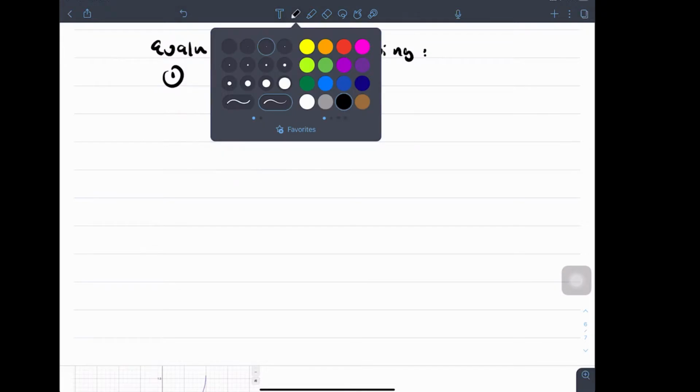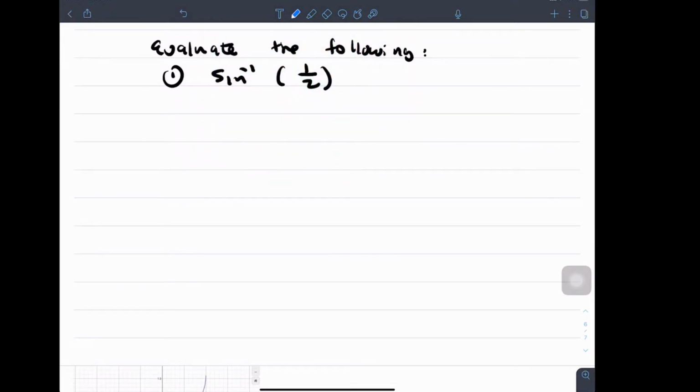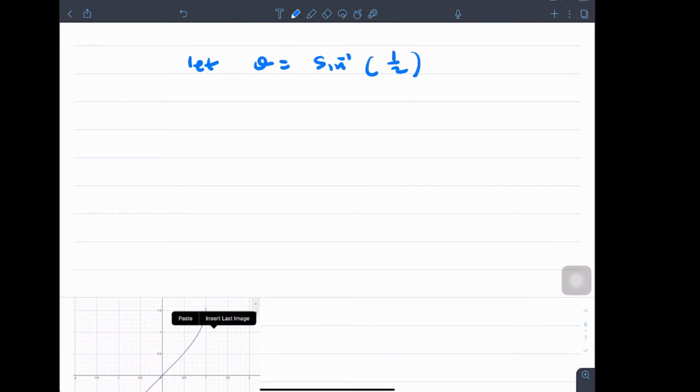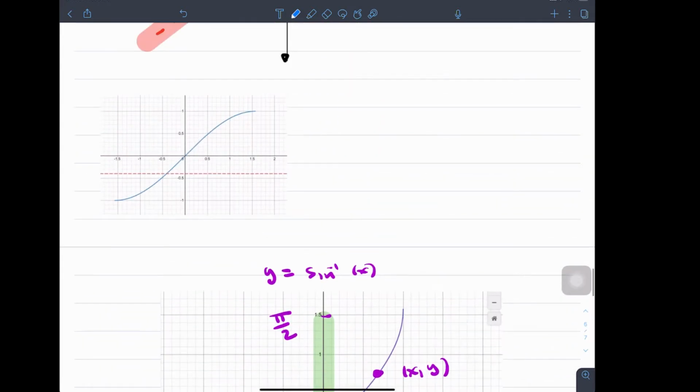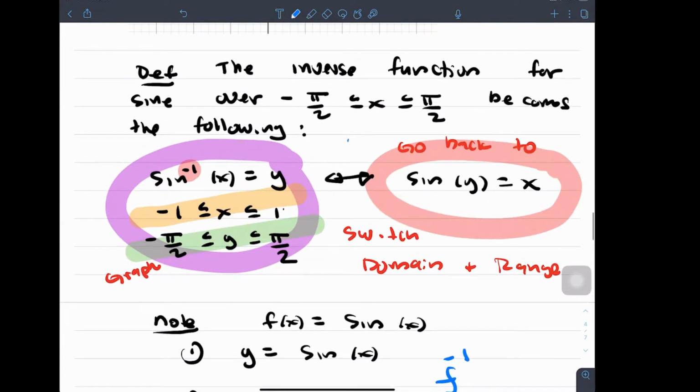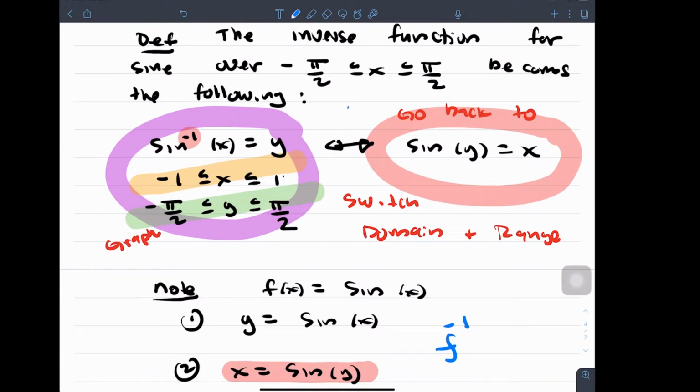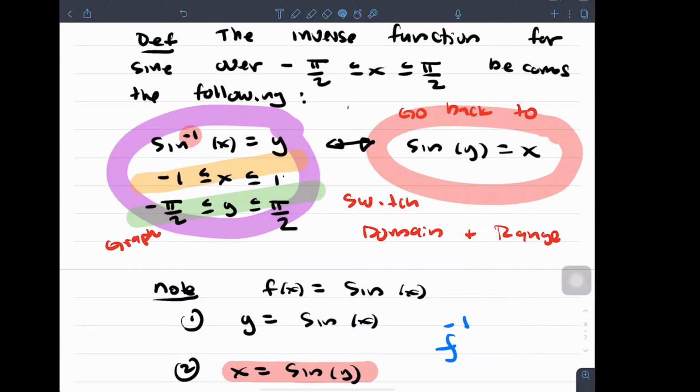Now, you might say, how do we do this? Let me show you guys the process. The standard process is let theta be inverse sine of 1/2. So that's how you start this. And then you might say, what do I do now? Well, you can go back to this definition.